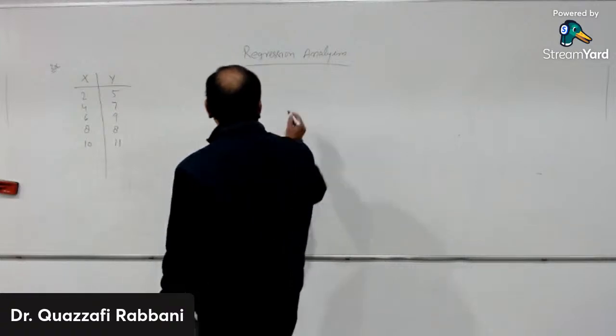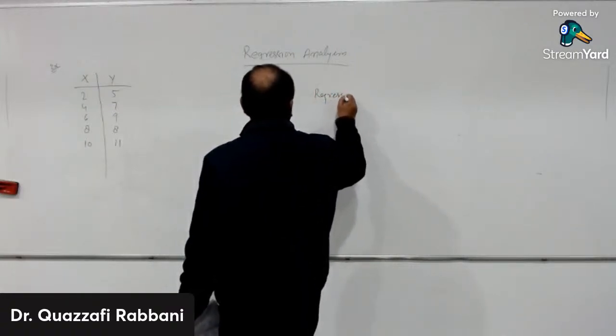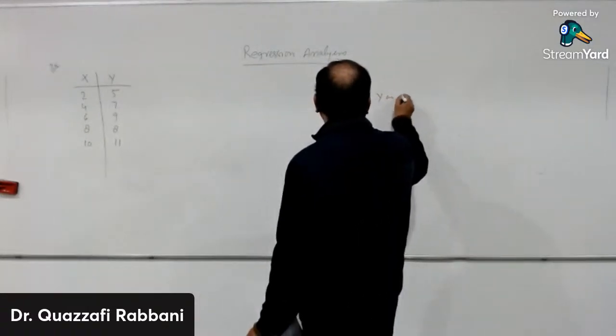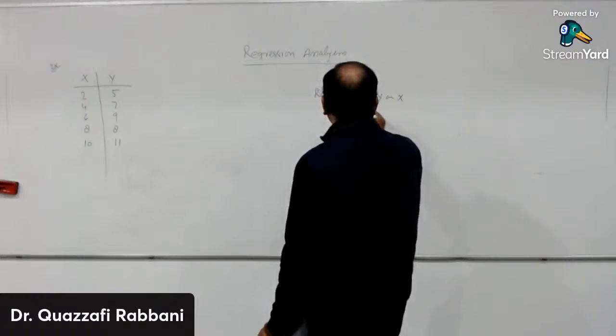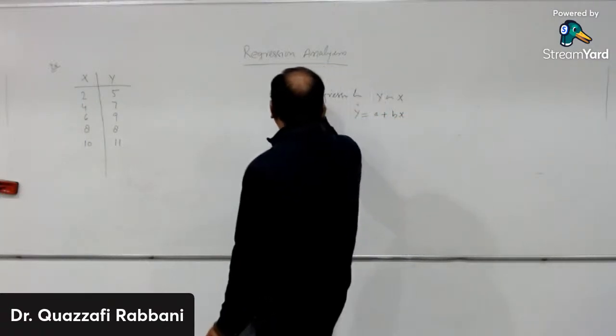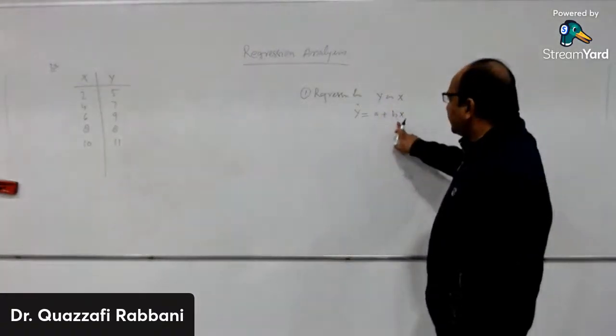So we know two regression lines. First is y on x, in which we have to establish the relation between y and x. So the estimated value of y is equal to a plus bx. So here we have to find the value of a and b.